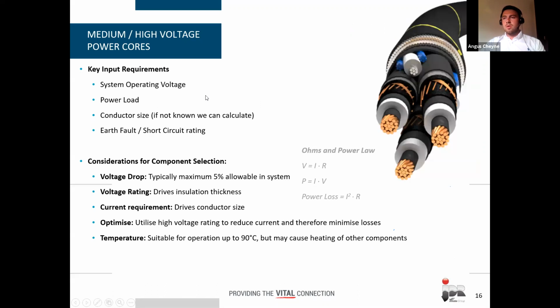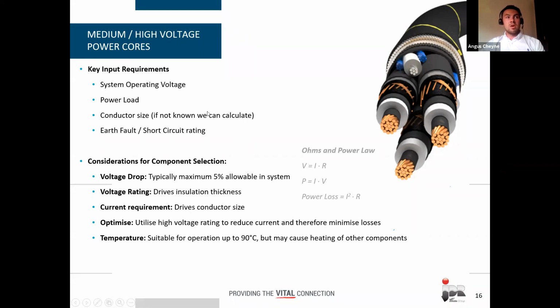Okay, so going on to the key input requirements. It's important for us to know the operating voltage and also the load that's going to be transmitted. The conductor size, if it is known, is also important for us to be advised. But if that's not known, then we can calculate the required conductor size based on the operating voltage and the power or load.